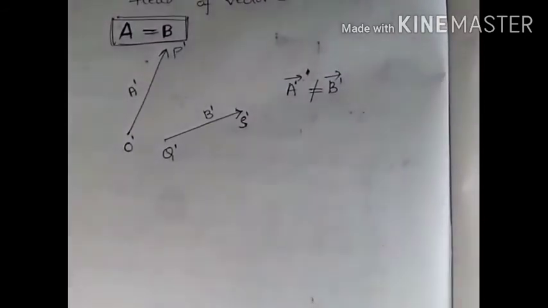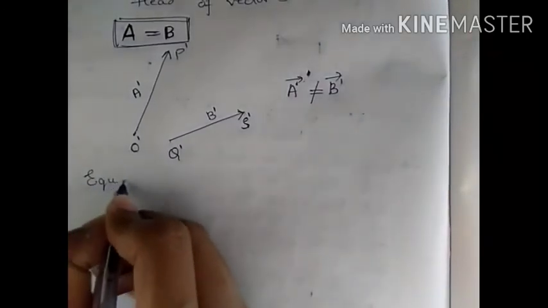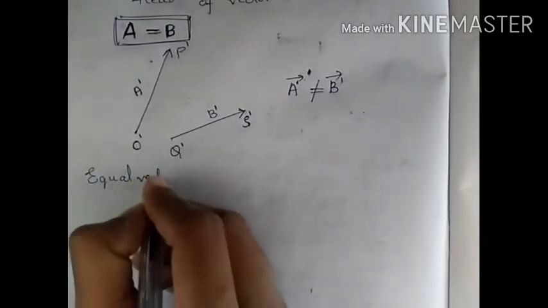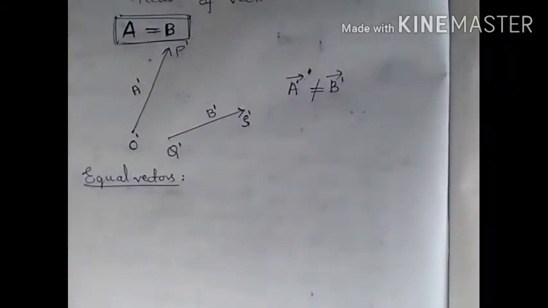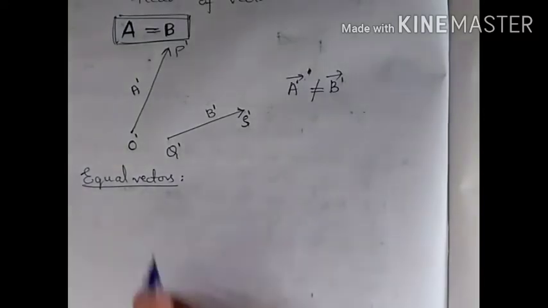Now let us write the definition for equal vectors. Two vectors are said to be equal vectors if both are of the same magnitude and both are in the same direction.